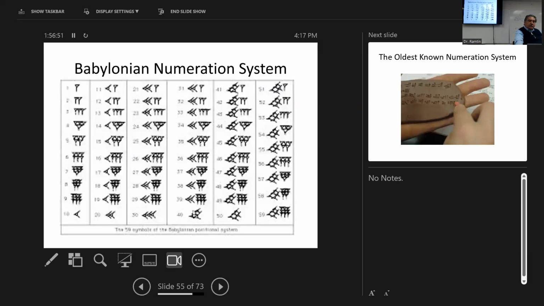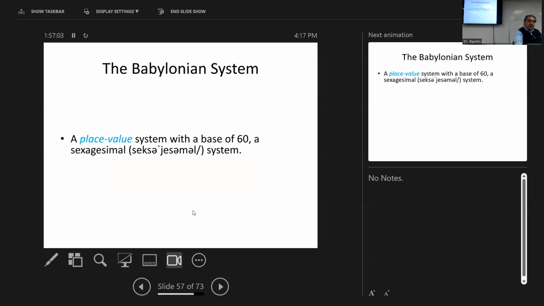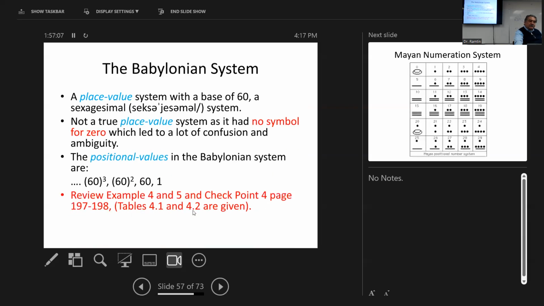We have the Babylonian numeration system. And again, these systems failed because they didn't have 0. It's the oldest known numeration system, but because of the lack of 0, these systems fail. The Babylonian system is a place value system with a base of 60, or sexagesimal system.